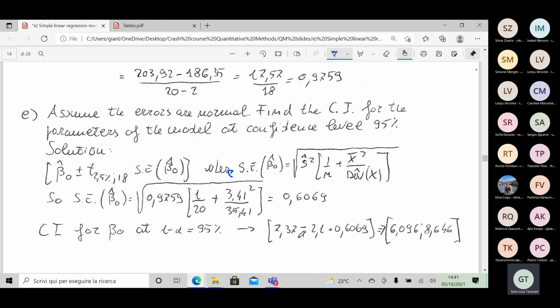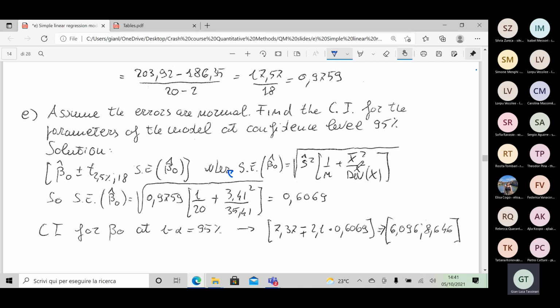Then plus minus what? We need to take the table, and in a moment we will do it. But first I want to compute this one. So it is the square root of what? S hat square, which has been computed before, is the variance of the residuals. This one, times the parenthesis 1 over n. What is the dimension of the sample? 20, n equal to 20.